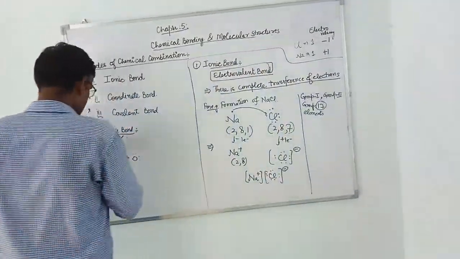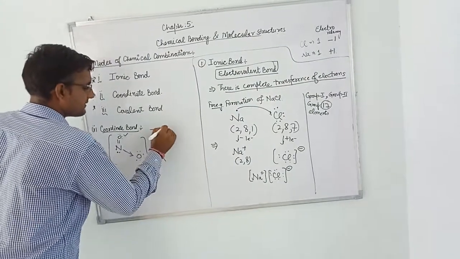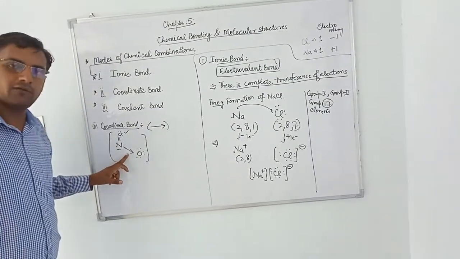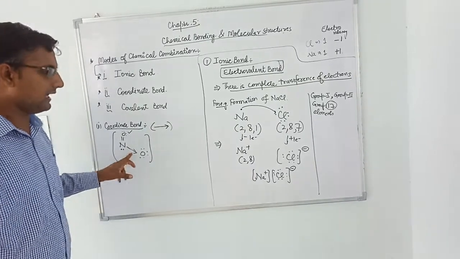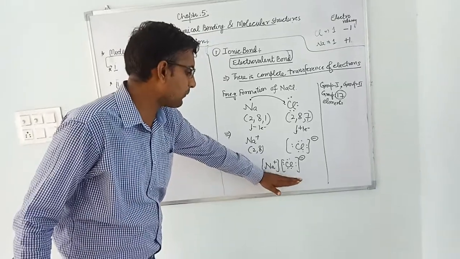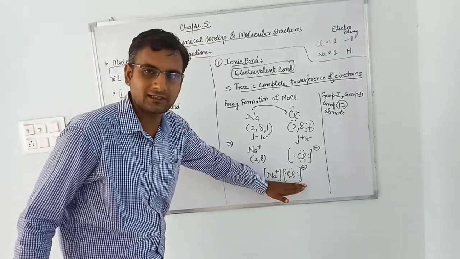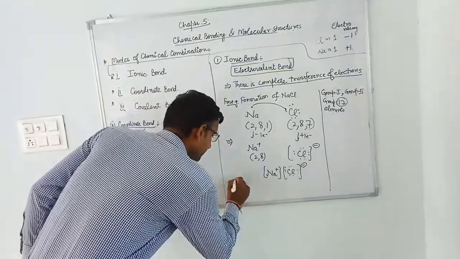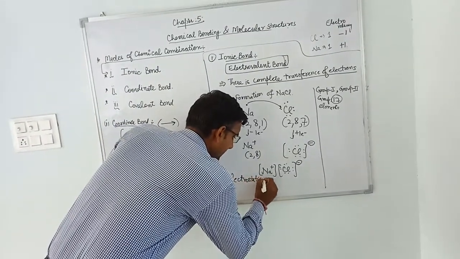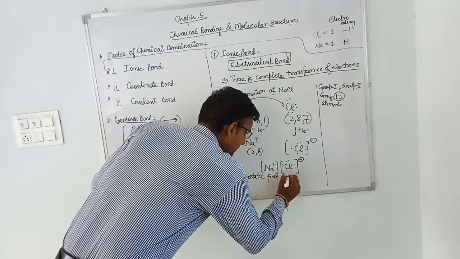It is represented by this arrow. We use the arrow for representing the coordinate bond. Here in NaCl, anyone can ask you what type of force of attraction is present in NaCl? It is the electrostatic force of attraction.